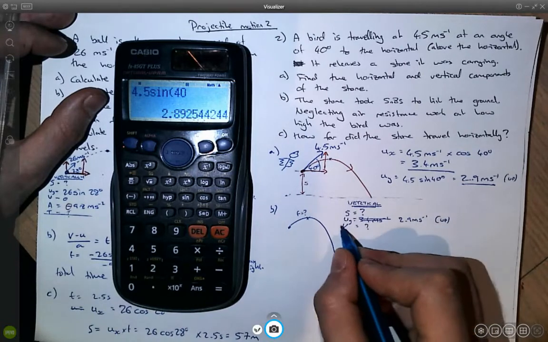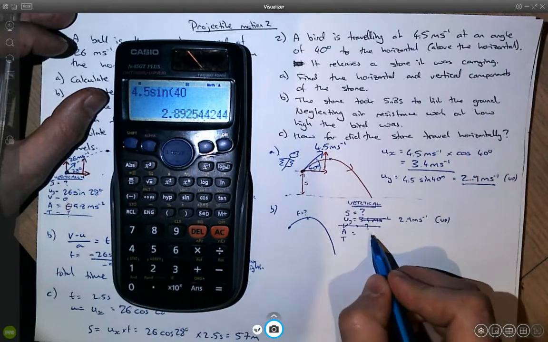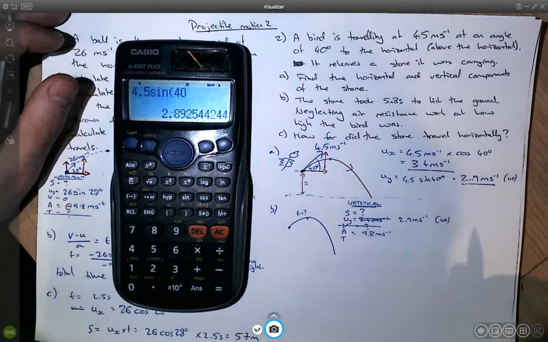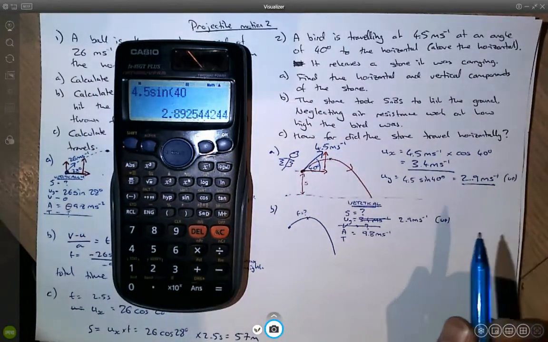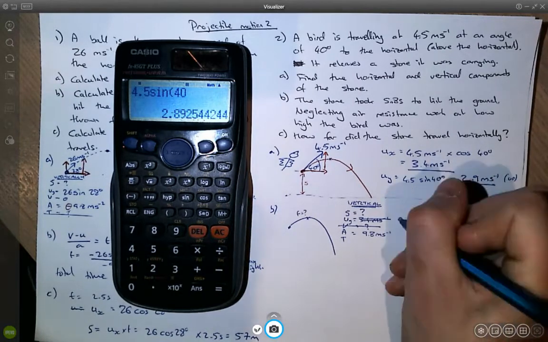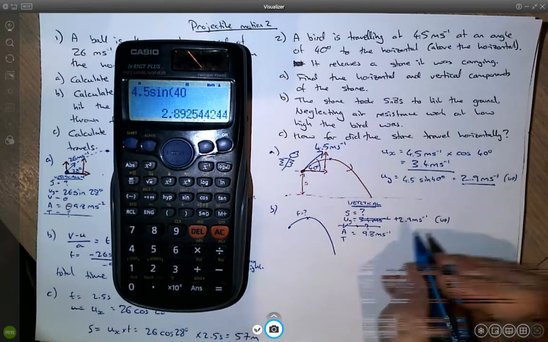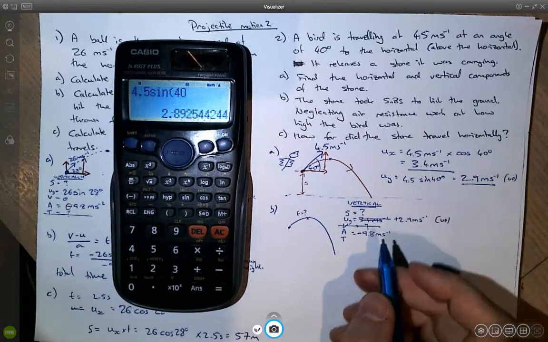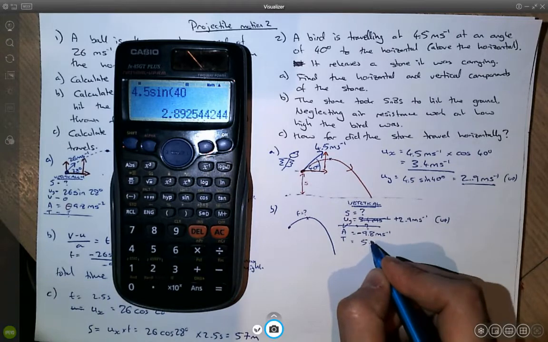We actually don't care. a is 9.8 meters per second squared. So now I need to be really careful with my choice. My initial velocity is 2.9 meters per second up, so I'm going to say that's positive, which means my acceleration, because it's trying to pull the stone down, is going to be negative. And then the time is 5.8 seconds.